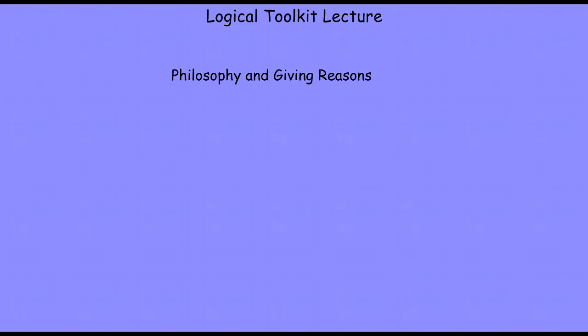So we'll start off by talking about philosophy and giving reasons as the general framework within which we'll be understanding the various concepts and ideas relating to giving reasons that the authors talk about. Our first set of concepts will be the concept of an argument and of logic, the science or study of arguments.